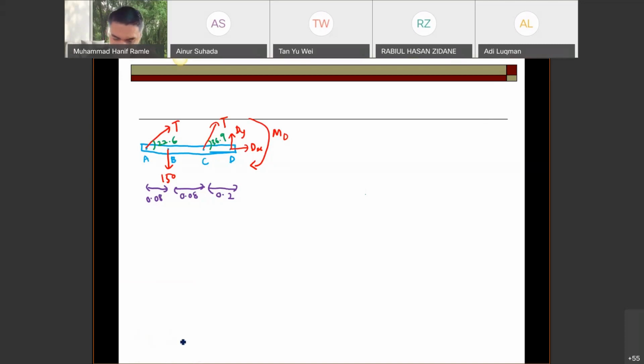So we are taking moment about point D, and it should be equal to 0. What is the equation for this moment?